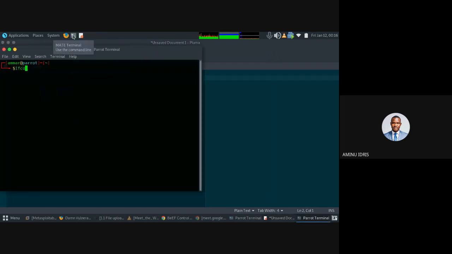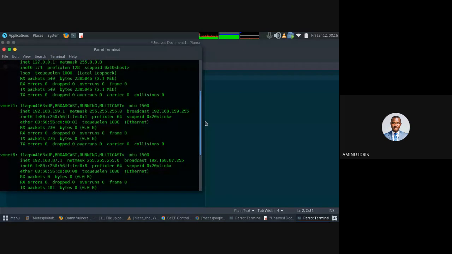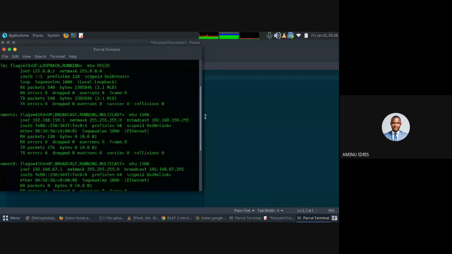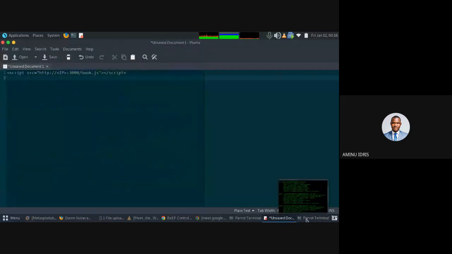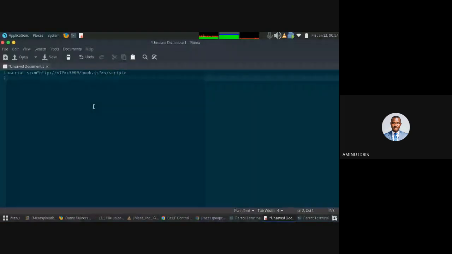So let me do ifconfig. If I do ifconfig, I'm going to get my vmnet1 IP address, which is 192.168.159.1. So I'm going to copy this IP address, and come back here. Inside this URL, I'm going to replace the place where IP is written with the IP address I got.